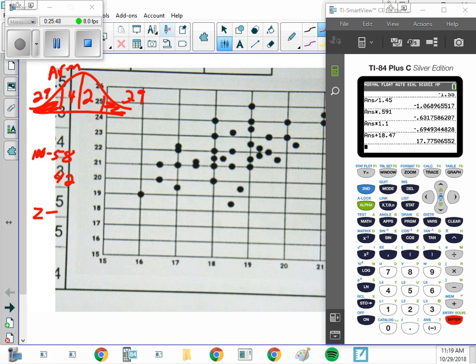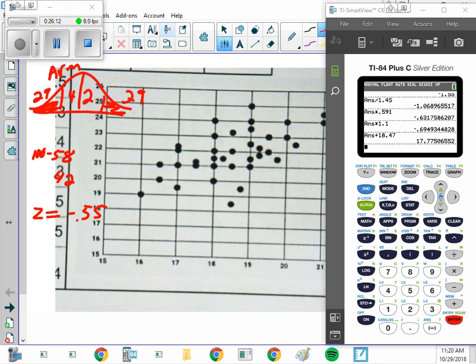So my Z is negative 0.55. Okay, what unit is that in? 0.55 what? SDXs.